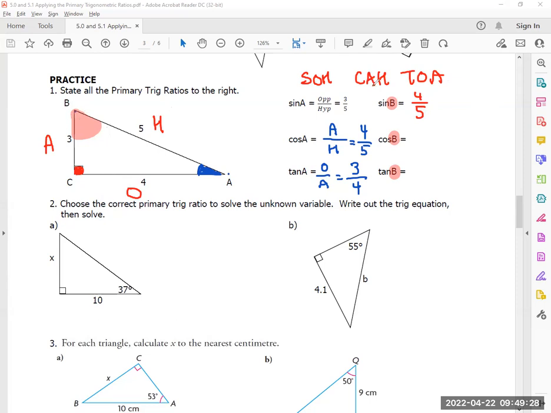Cosine uses the letters A and H, so cosine of angle B is 3 over 5. And tangent is opposite over adjacent. It's going to be 4 over 3.